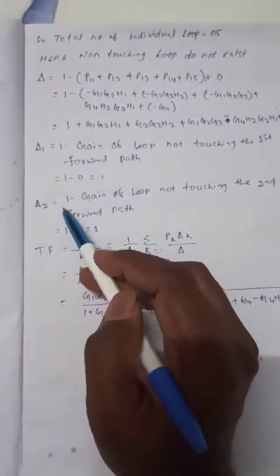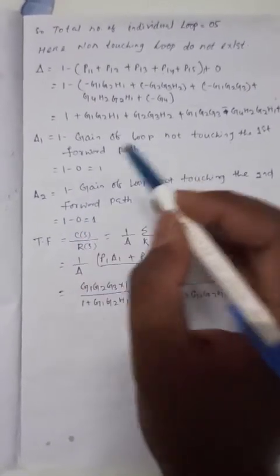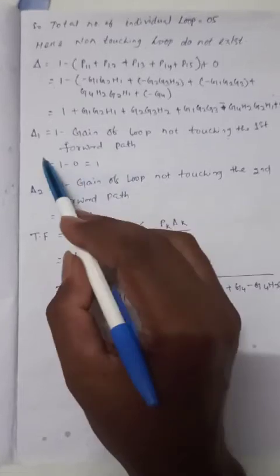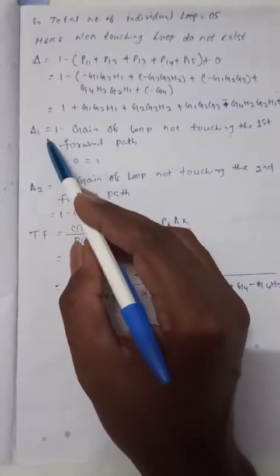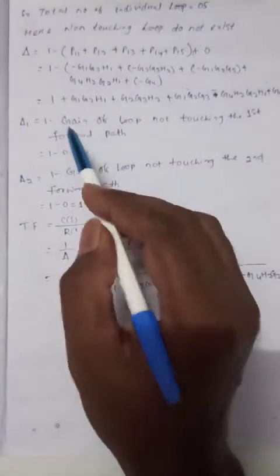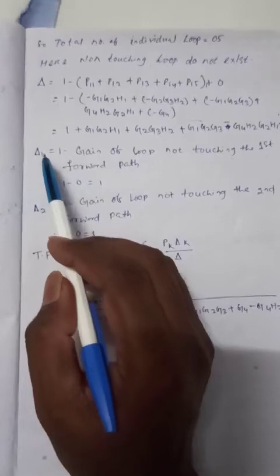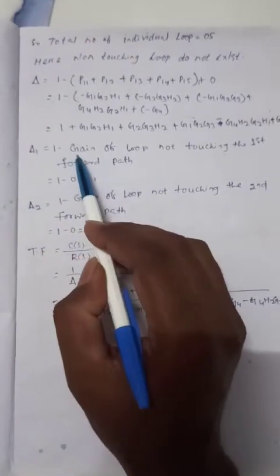Then del 1, del 2. How many del values come depends on the forward paths: if the forward path is 2, then the del values are del 1 and del 2; if it is 3, then del 1 to del 3. Here in our problem the forward path is 2, so del 1 and del 2 come.